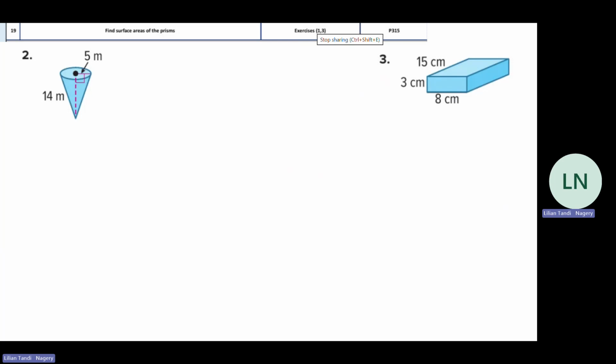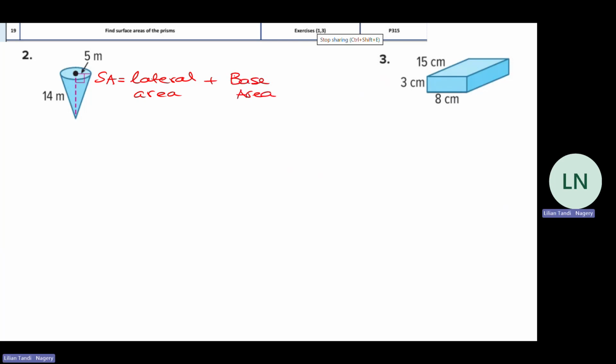Okay. Now we have cone. So surface area of cone equals lateral area plus base area.